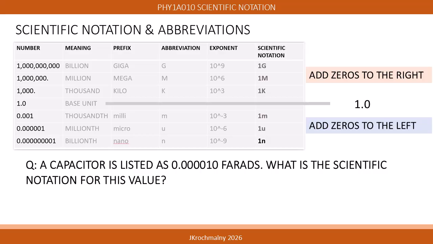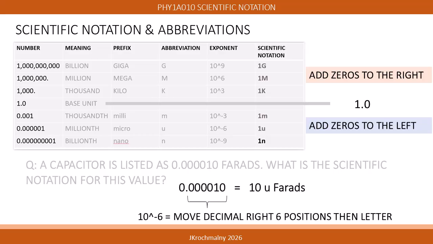A capacitor is an electrical component that stores electrical energy. A capacitor is listed as 0.001 farads. What is the scientific notation for this value? In this case, we're dealing with a value of less than 1. Notice that the micro prefix is associated with the scientific notation of 10 to the negative 6 power.